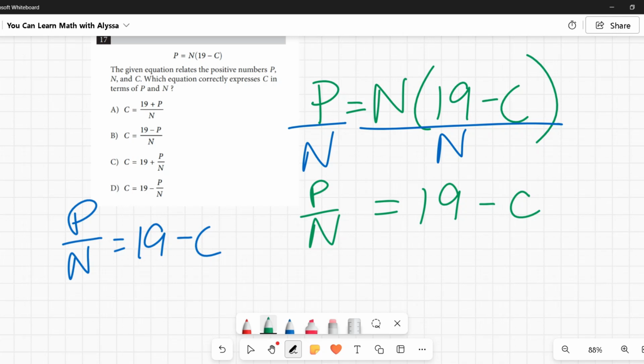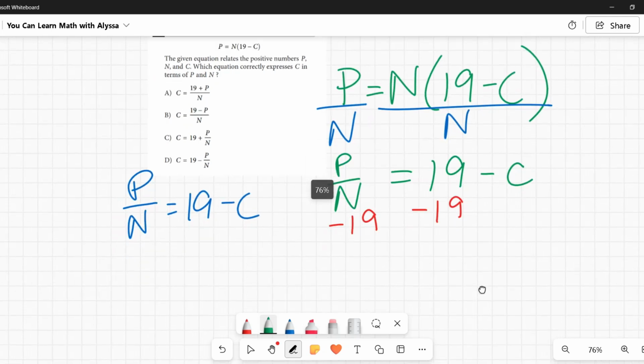So over here on the right, the green, p over n equals 19 minus c. I have a positive 19, so I'm going to subtract 19 from both sides. And I get p over n minus 19 equals a negative c. Well, I don't want a negative c.